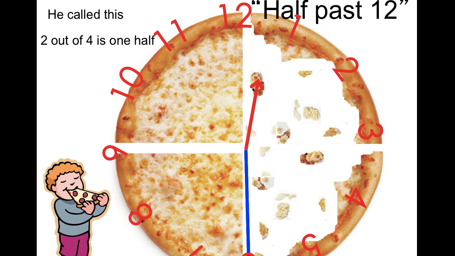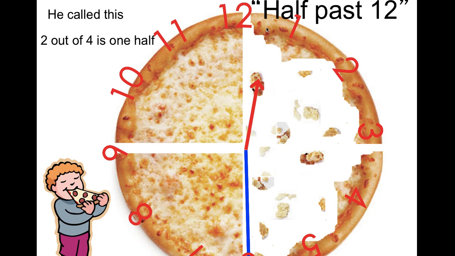Now over here, let's look at the time. We have 12, the hour hand. And then over here, you can't really see the 6. I'm so sorry about that. But it's pointing at the 6. And if we skip count, 0, 5, 10, 15, 20, 25, 30. So it's 12:30.